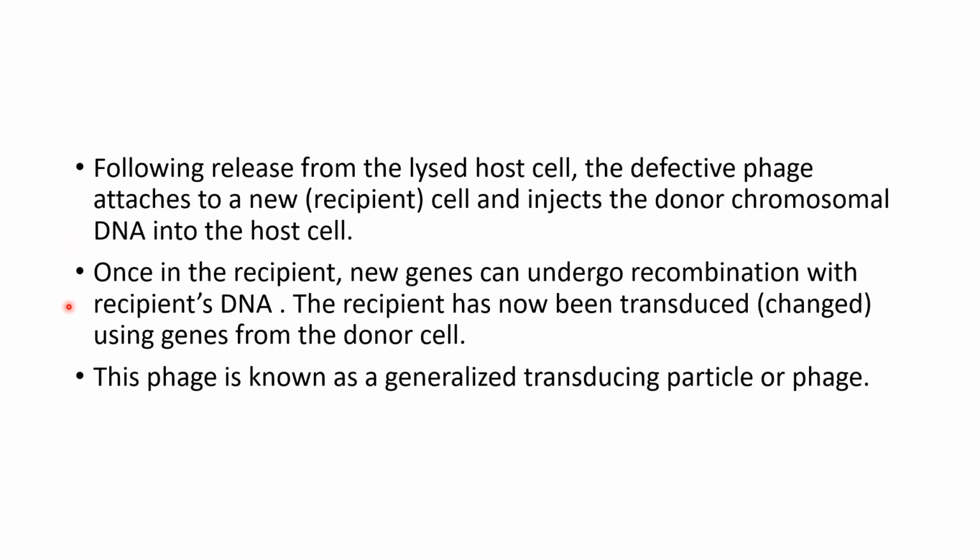Once in the recipient, the new genes can undergo recombination with the recipient's DNA, because the DNA that has entered is some part of the bacterial DNA. This part might have a similar fragment in the host cell chromosome also. So as usual, they will undergo recombination.